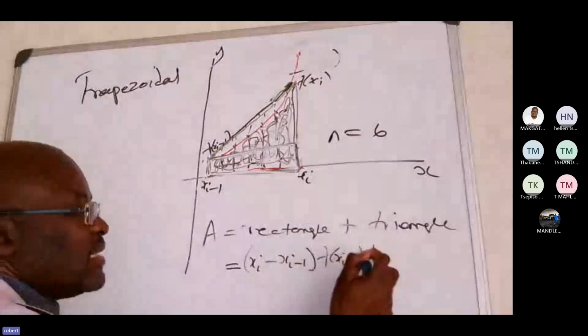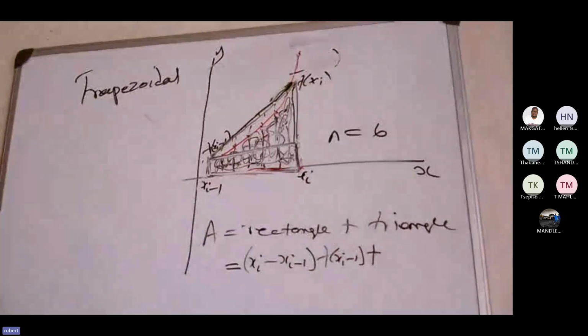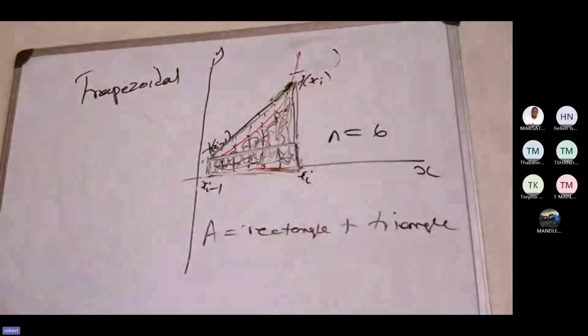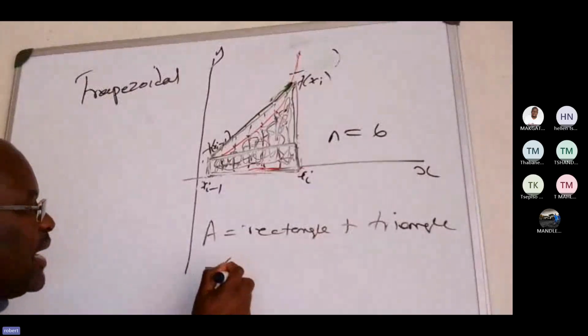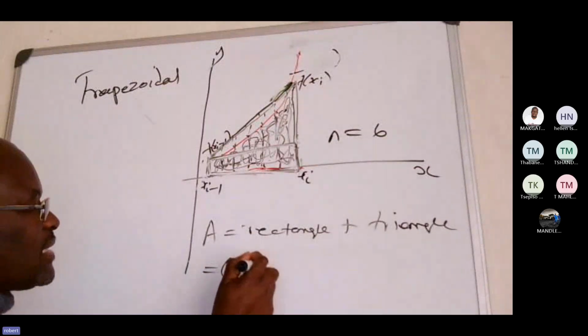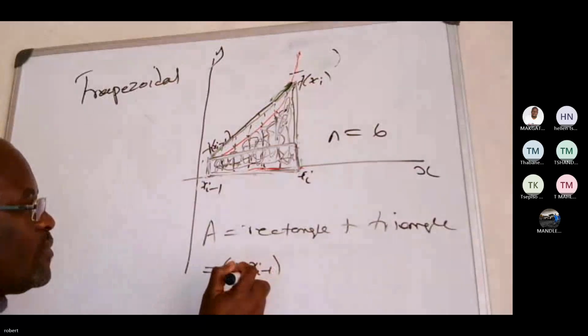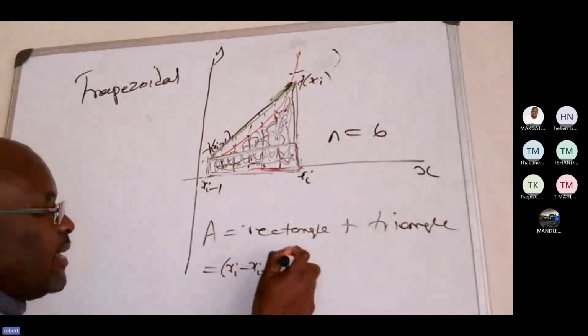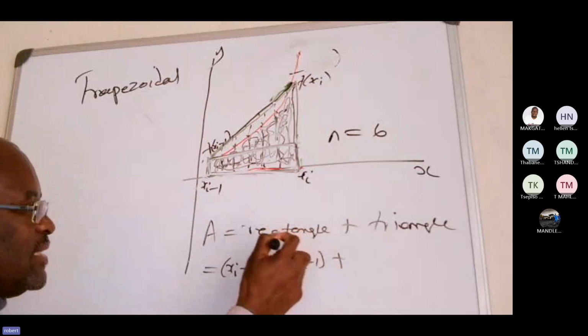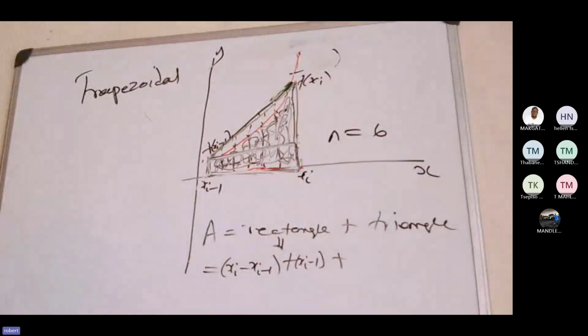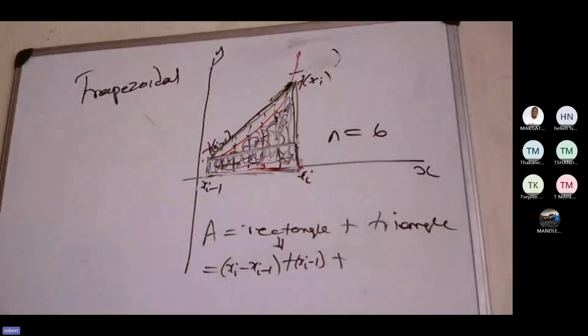Now plus the area of the triangle. Let me just start it here and see whether we cannot squeeze everything here. It will be xi minus xi minus 1 multiplied by f of xi minus 1. That is the area of the rectangle. Now, what about the area of the triangle?